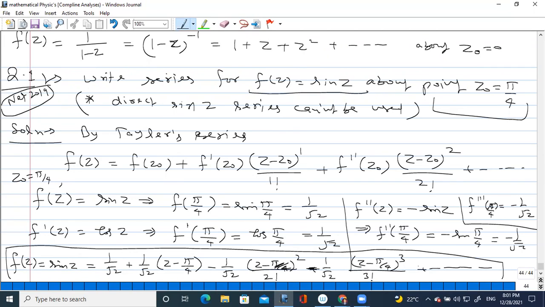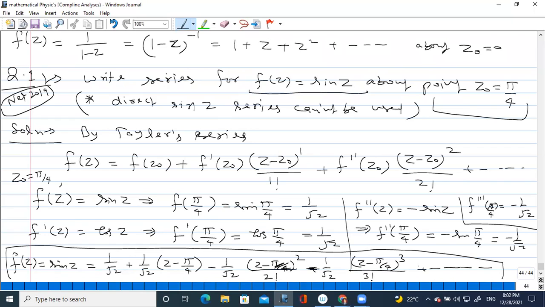So the sign is not changing alternately? No, no, you can check here. If you want to find f triple dash, minus is there, but sin z when it is converting to cos z, so cos pi by 4, the sign is same, because the sign will depend upon the differentiation of that function. So sin z differentiation will be converted to cos z, so no sign change.